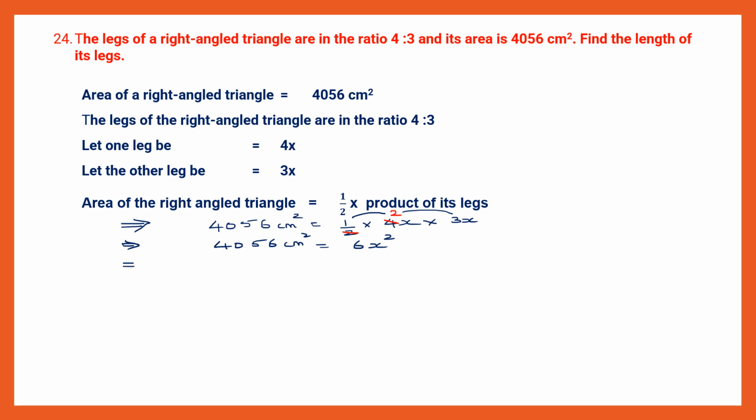So now we have to find the value of only x square. X square will be 4056 divided by 6. So first let's do this division and find out what x square is. This is equal to 676. That means x will be equal to the square root of 676.